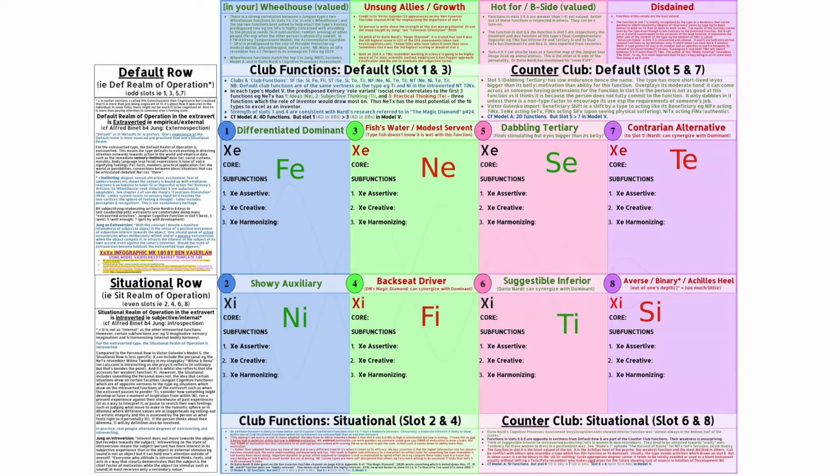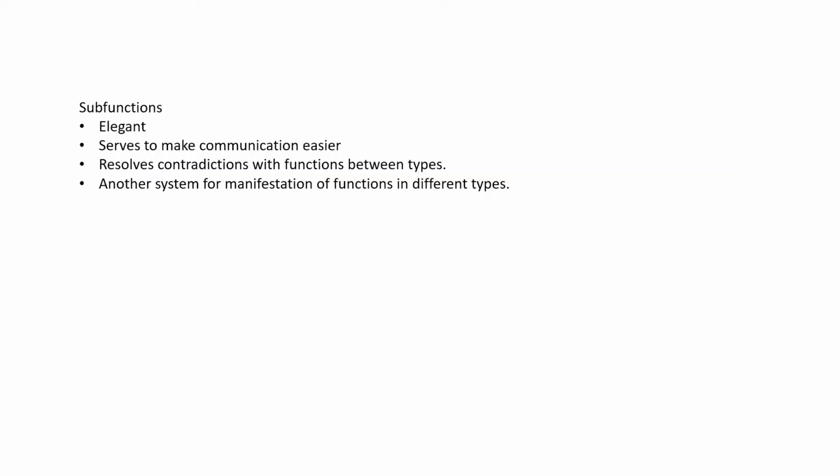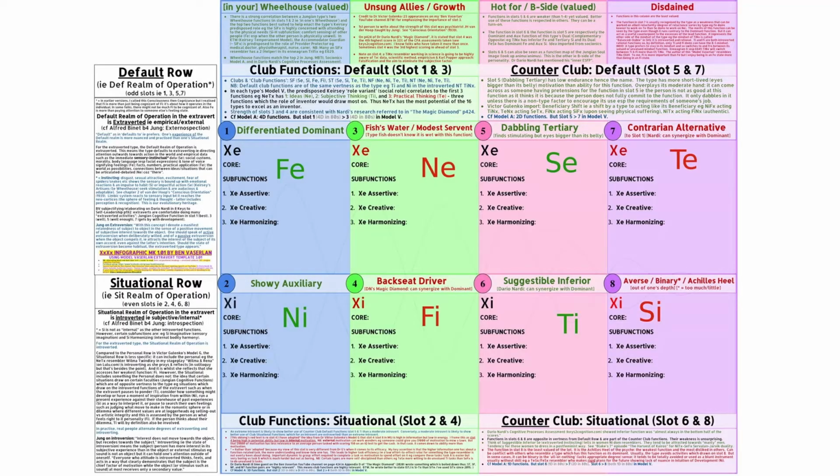And I think energy is Victor Gulenko's idea, or at least he fleshed it out. It resolves contradictions with functions. For an example, you get extroverted feeling in one type, and you get it in another type. And I've had this when I've been trying to explain functions to people.